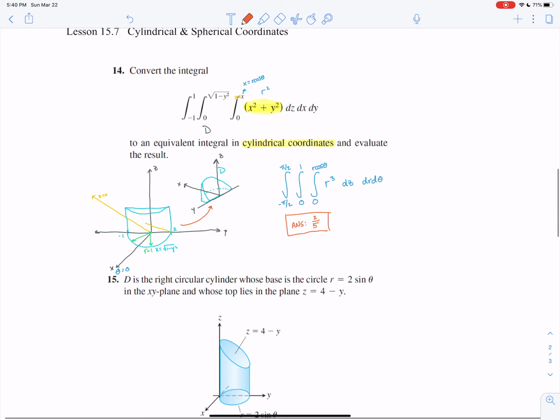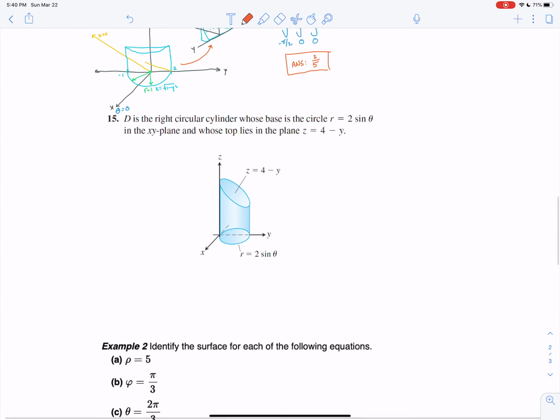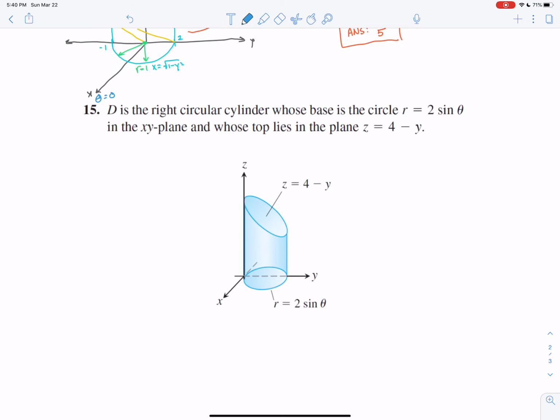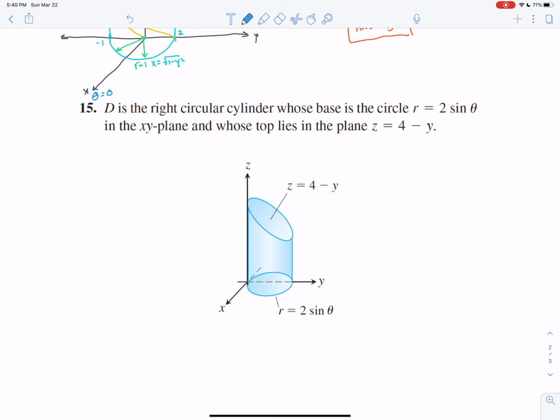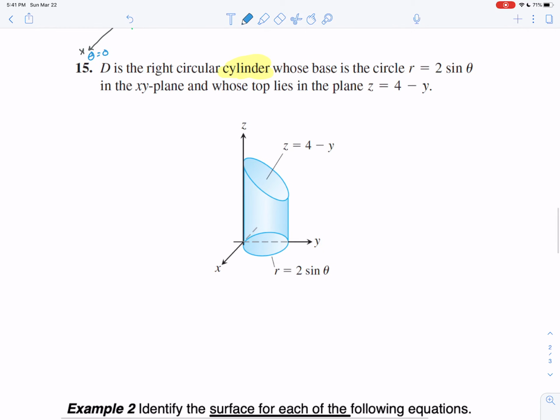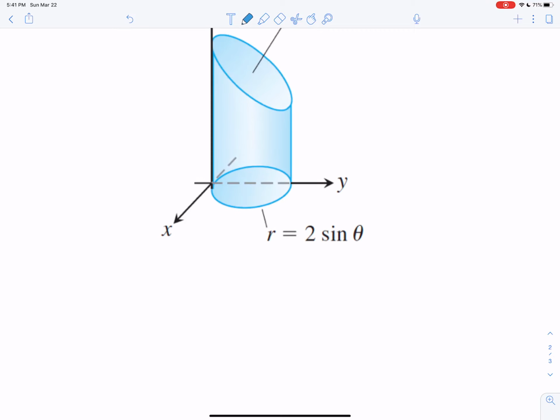Okay, let's look at number 15. D is the right circular cylinder. I see the word cylinder, so I know we're probably going to be using a cylindrical coordinate system, whose base is the circle r equals 2 sine theta. 2 sine theta is a circle of radius 1 that has been shifted 1 unit up, so its center is at (0, 1).